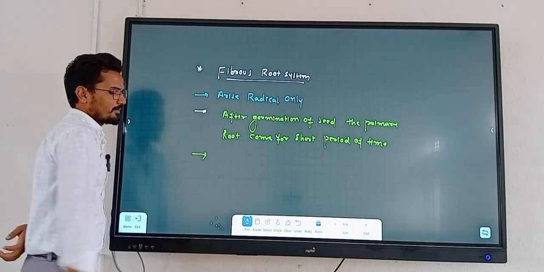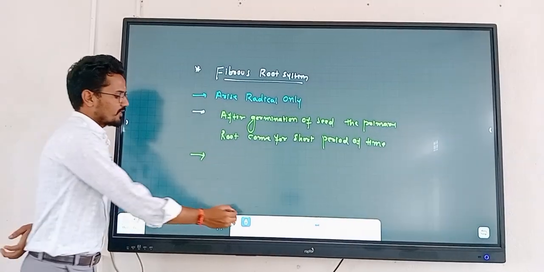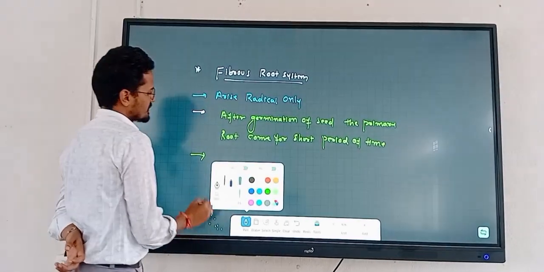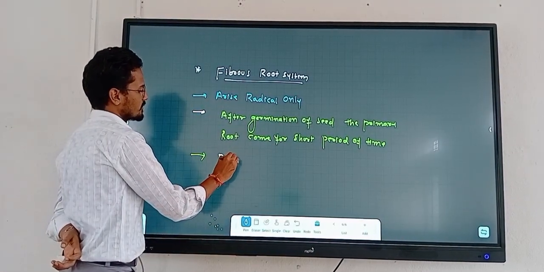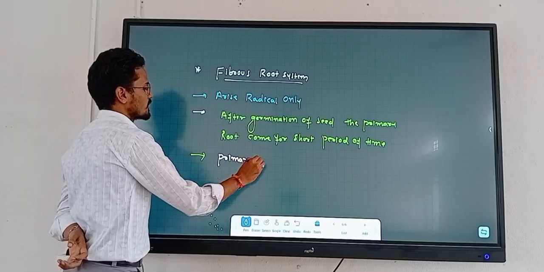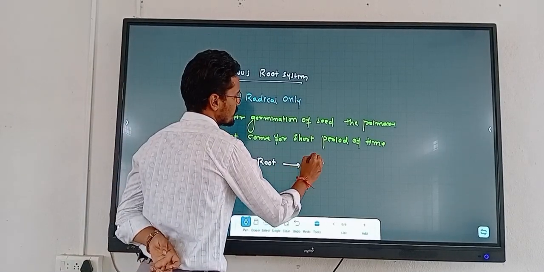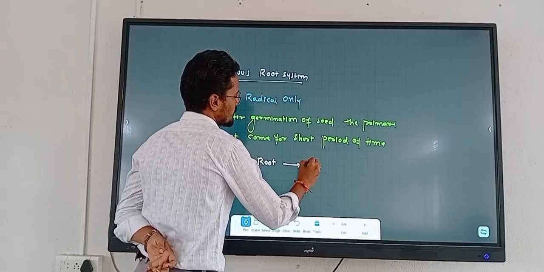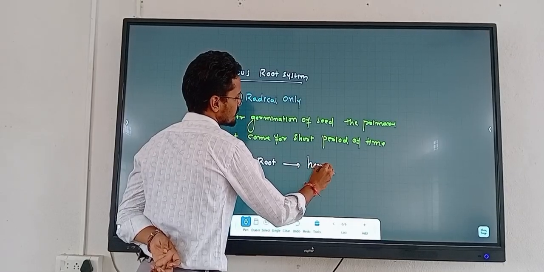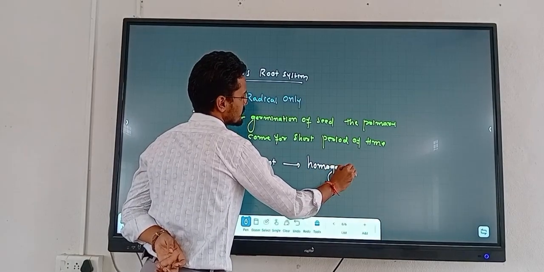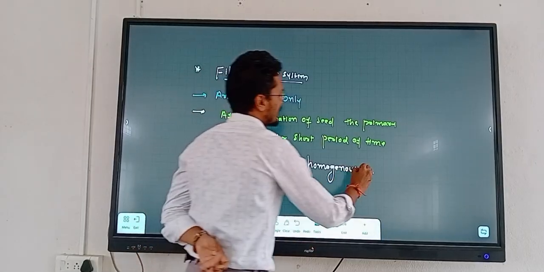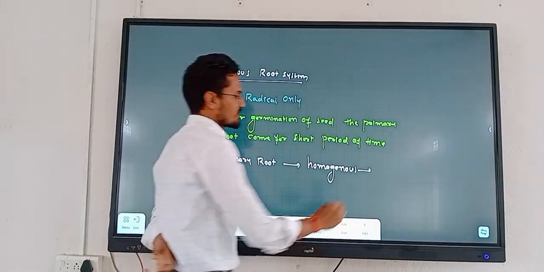After some time, the primary root itself is converted into a uniform, homogeneous thread-like structure.